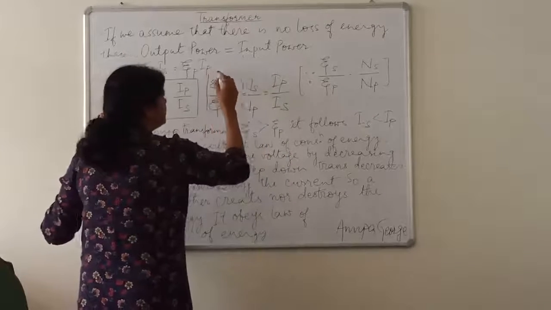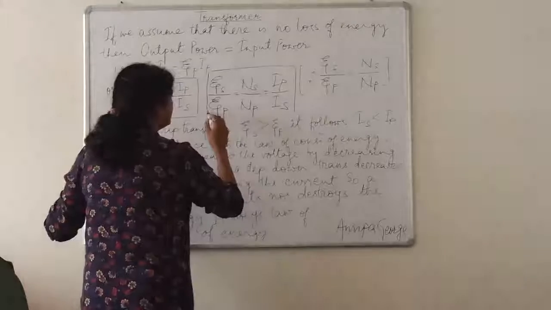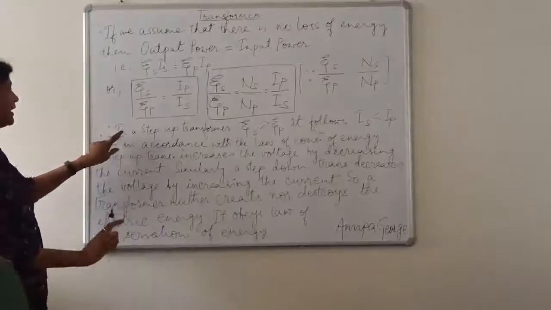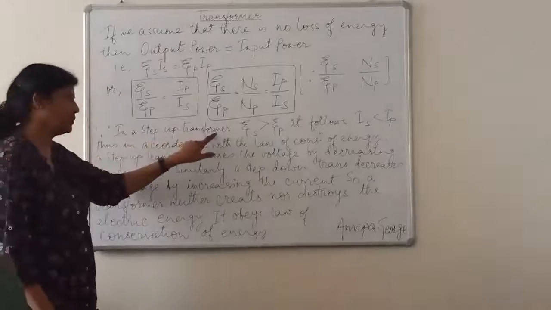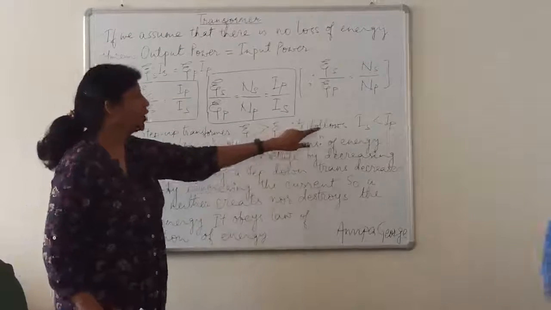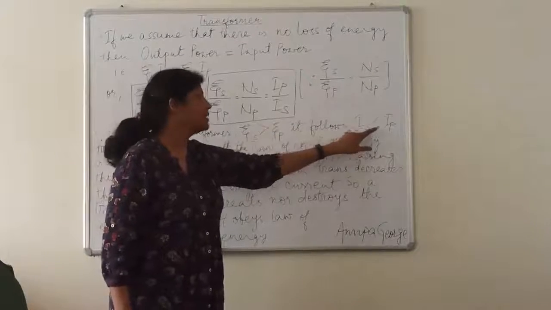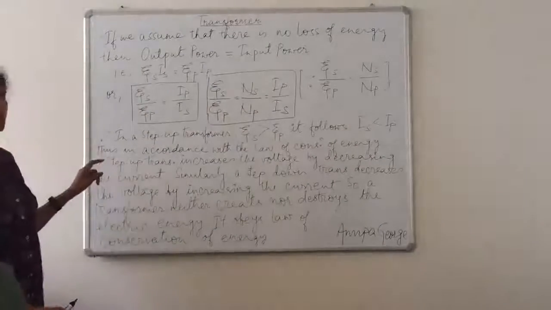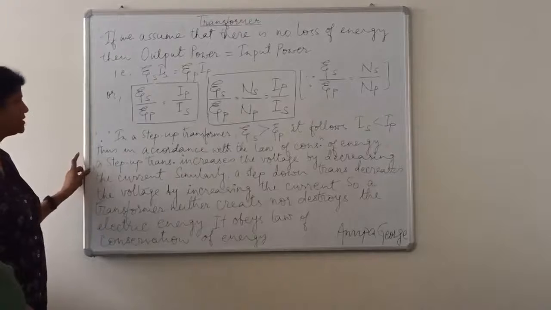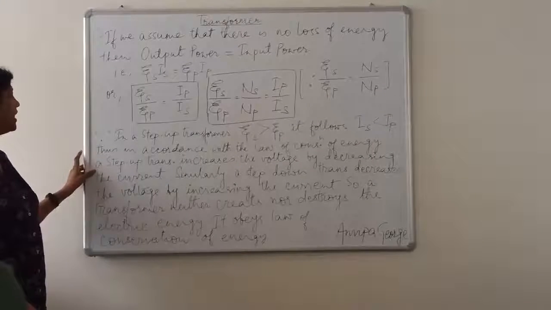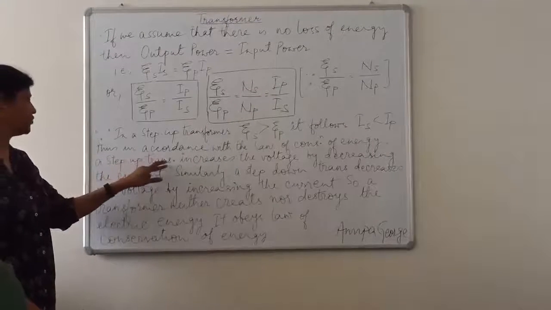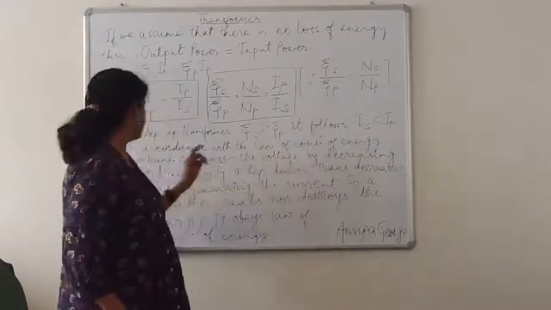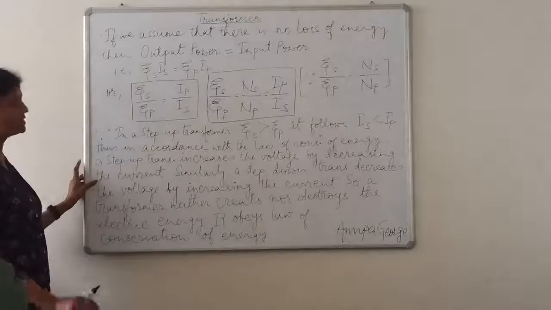Now, our basic relation for transformer. Since in a step-up transformer, it follows Is less than Ip. Thus, in accordance with the law of conservation of energy, a step-up transformer increases the voltage by decreasing the current.